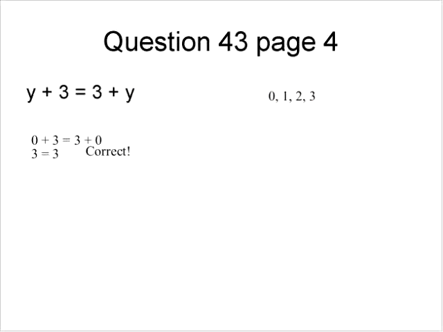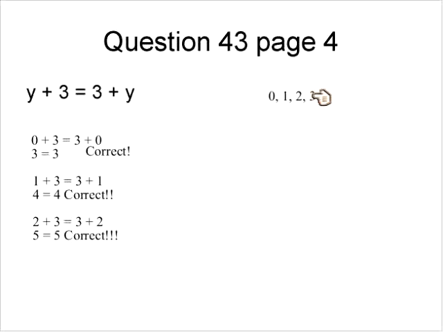Let's keep going and see what else we get here. This may seem a little bit silly at this point, but we're going to continue on. We have a second solution that works. Now let's try 2. 3 plus 2, 2 plus 3. We're getting all sorts of solutions here.